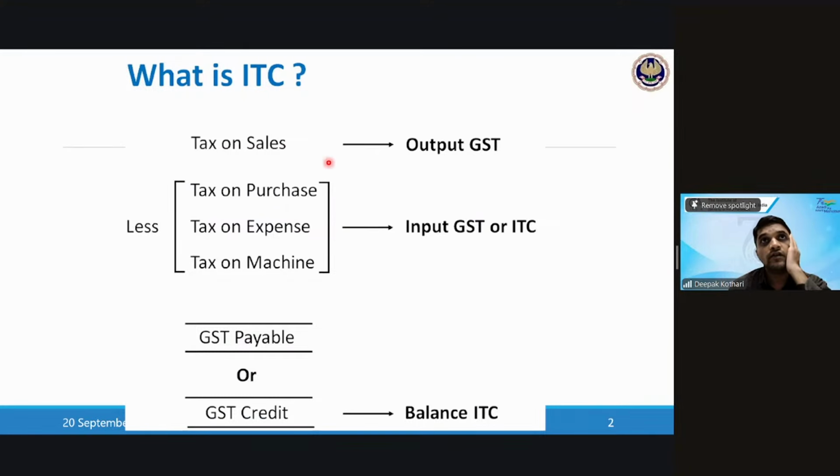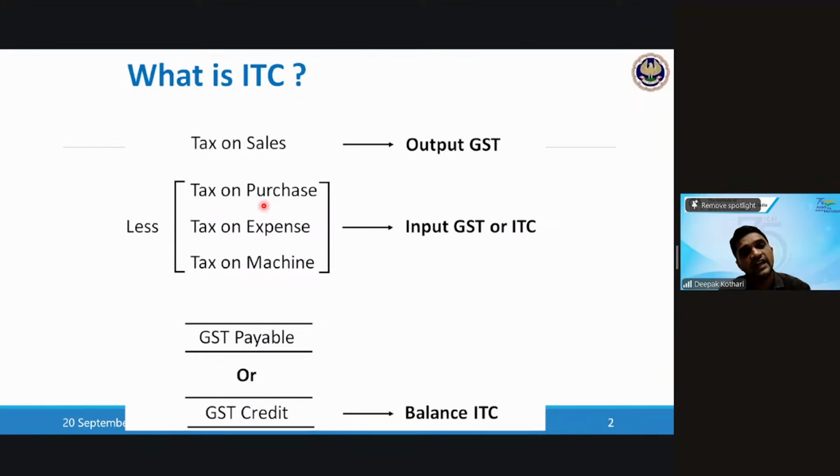When you buy something, the person who is selling to you also charges tax. So you are a person who is buying and selling. When you sell, you charge the tax, which is called output GST. When you purchase from someone, that person is charging GST.